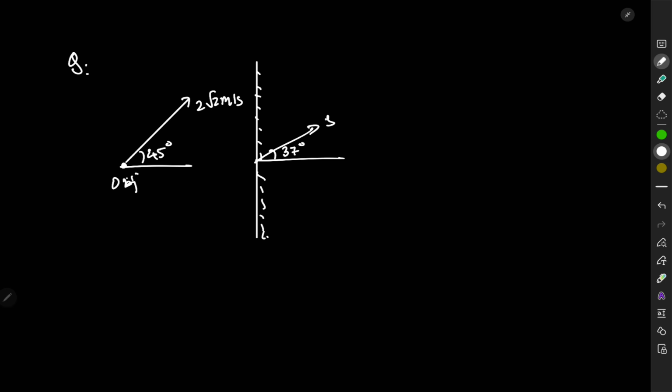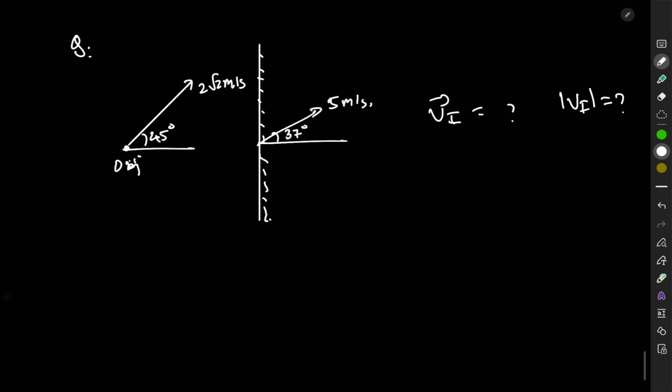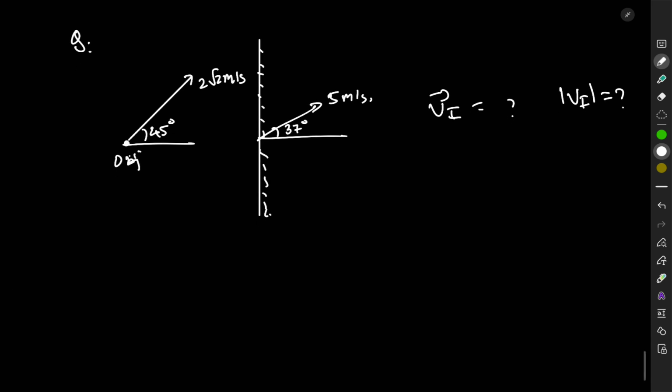Fine. So velocity of image is equal to what, and we need to find the velocity magnitude of image. Okay, these things we need to find. So from the given information, we know that this object is moving at 45 degrees from the x-axis at the speed of 2√2 meter per second. Don't worry, we need to use the same formula here.